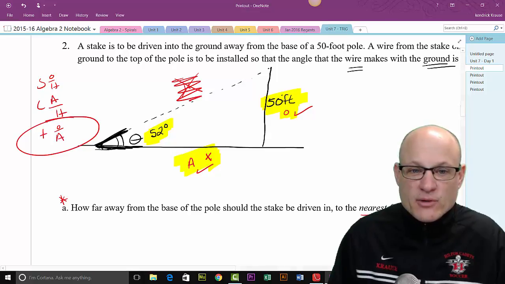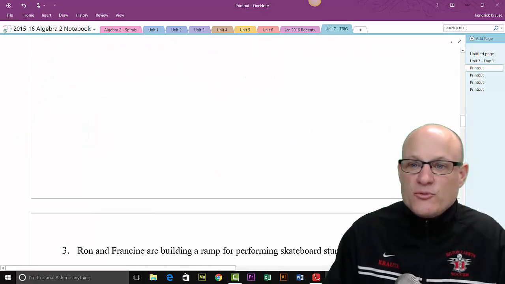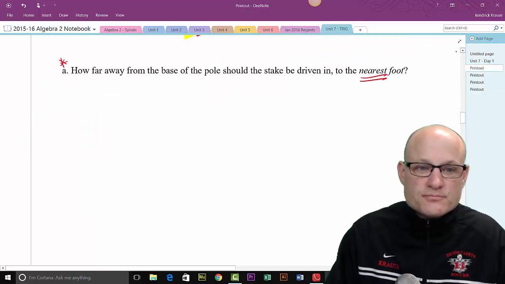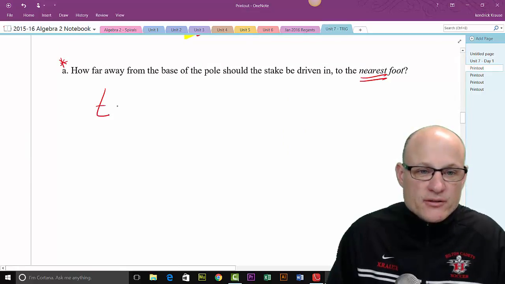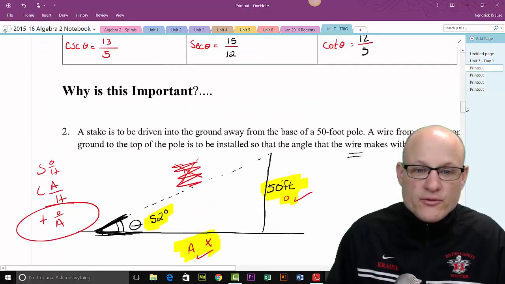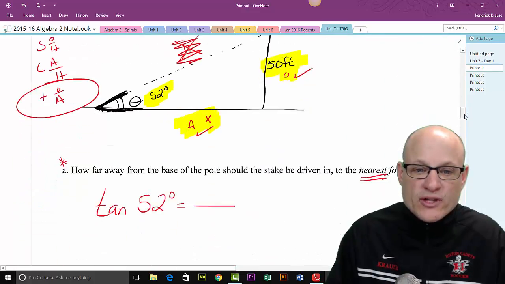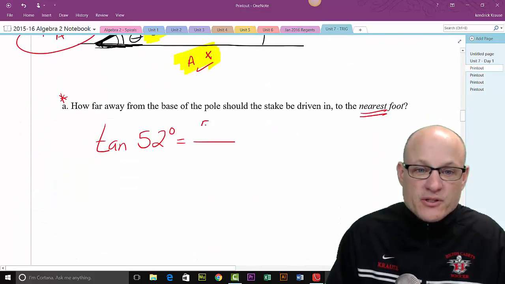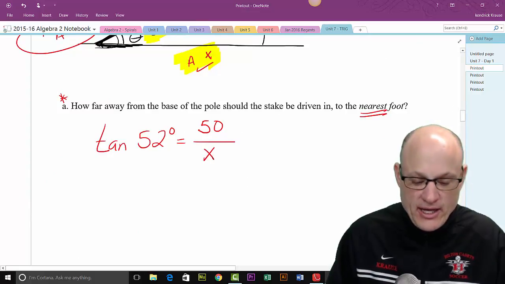So I'm going to come down here and do my work. Tangent of 52 degrees is equal to opposite, which was 50, over adjacent, which is A. 50 over adjacent, which in this case we called x.